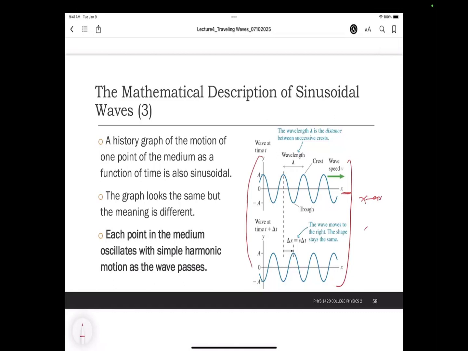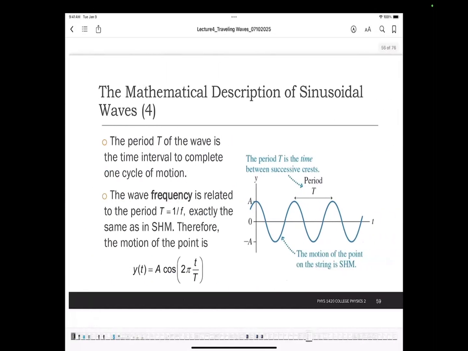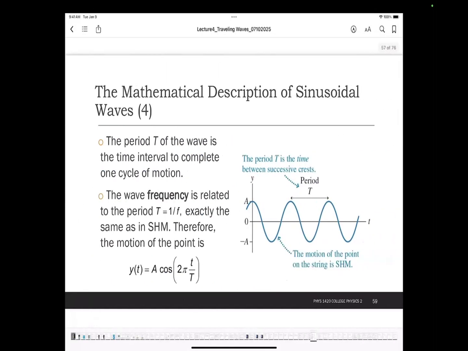Each point in the medium oscillates with simple harmonic motion as the wave passes. I think that's obvious. This is a history graph.